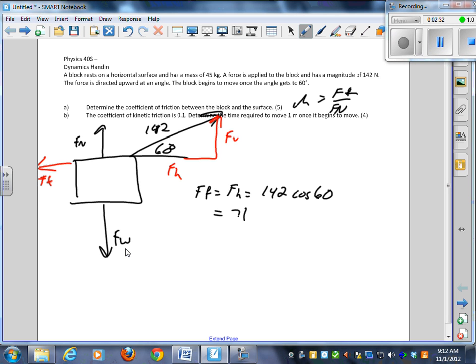Vertically the net force is 0, which means I've got normal force plus weight force plus vertical component. Those are the three vertical forces, the Fn, the Fw, and the Fv. Together they have to add up to 0, because the block is not going to accelerate up or down.